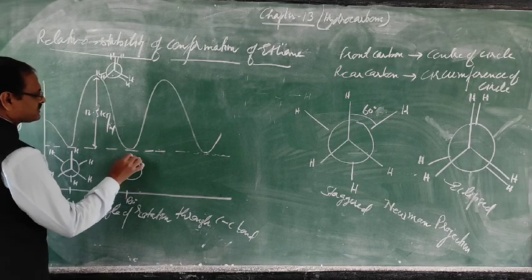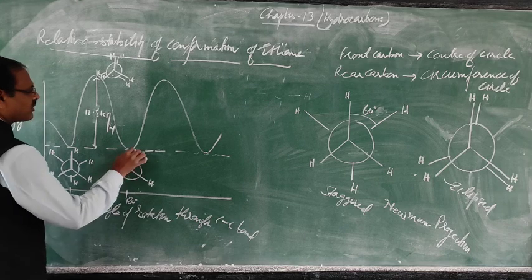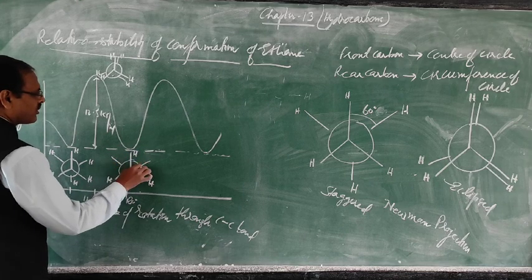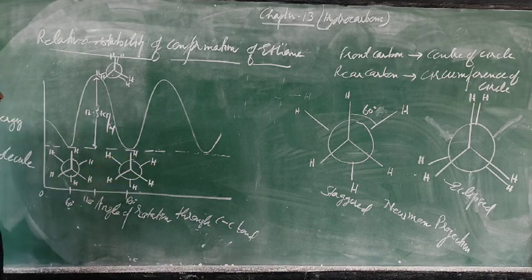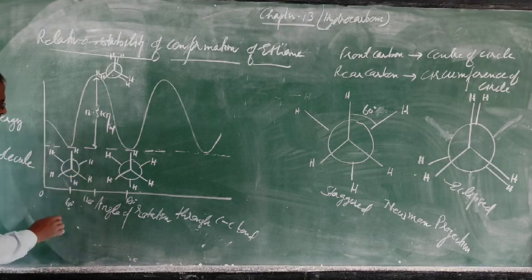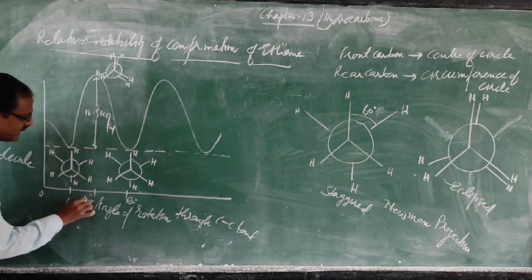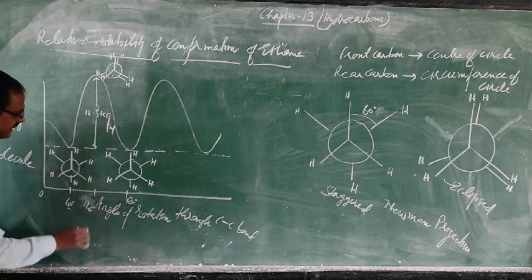So eclipsed and staggered both are interconvertible by an angle of 60 degrees. If you rotate 60 degrees, then eclipsed and staggered are interconvertible.